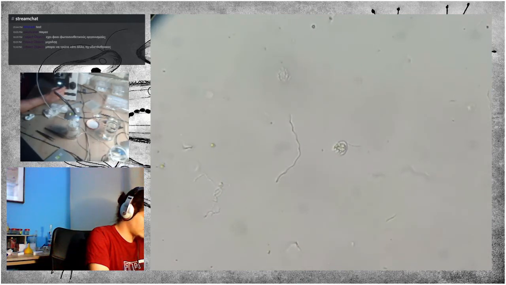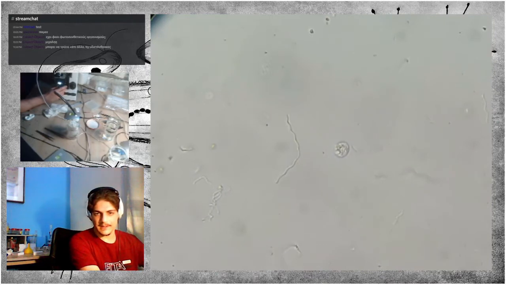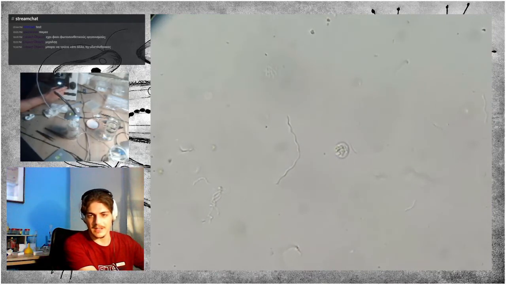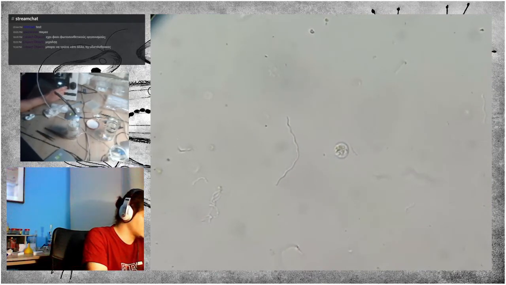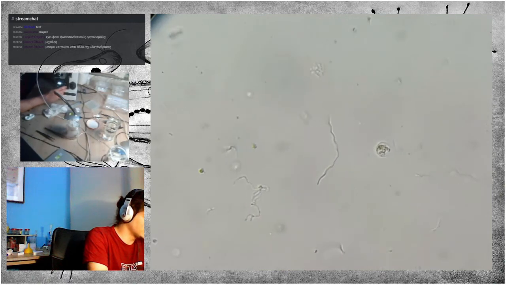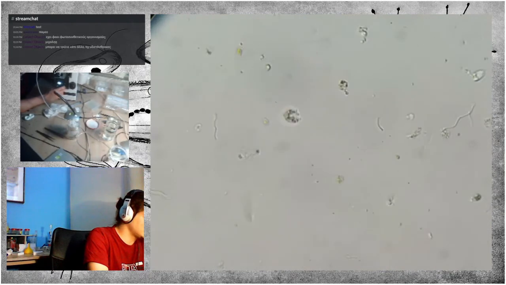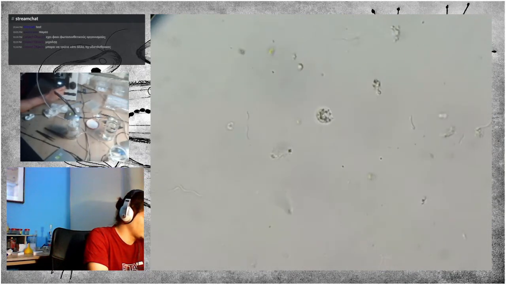I'm not sure. I think it is eating. Oh no, I thought it was eating a bacterial string that's right next to it, but it's just right next to it. I don't know the species again. The larger the microorganism, the easier it is to identify. Yep, they are flagellates, I think at least.